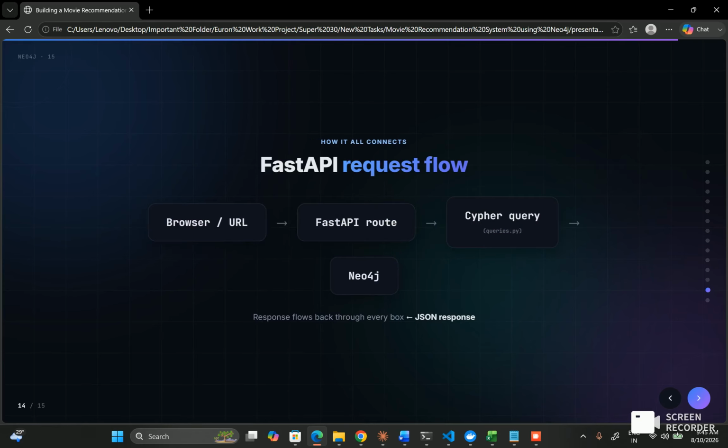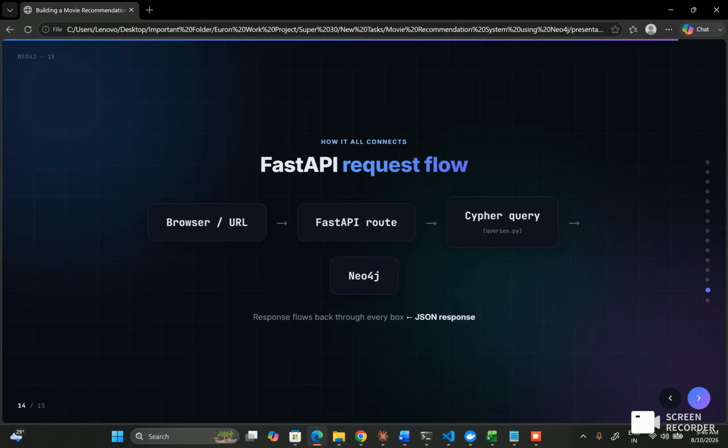Okay, FastAPI request flow. See, these four have worked together to turn a Cypher query into a callable URL. Okay, let's have a glimpse over it so you can understand what is happening behind the scenes, in the background.